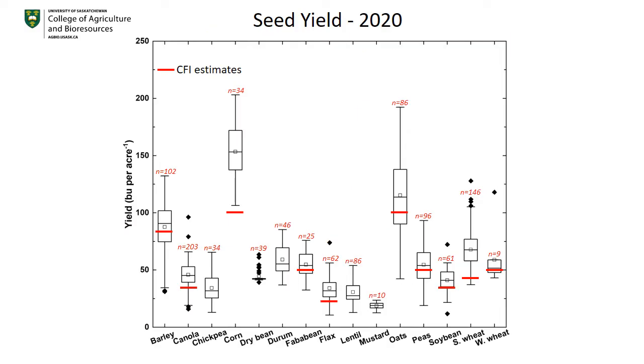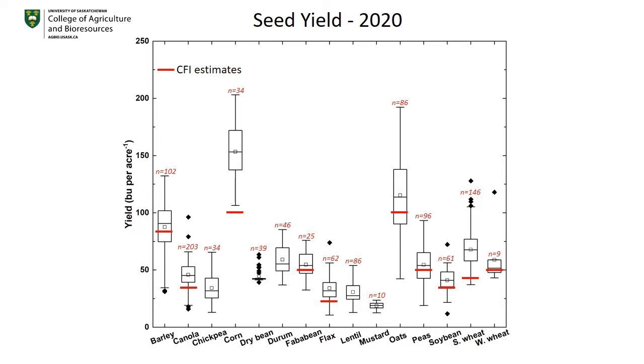Starting with seed yield, the CFI estimates are the red lines. The yields are presented using box plots. The box itself encompasses 50% of the data, with the median value being the line across the middle of the box.